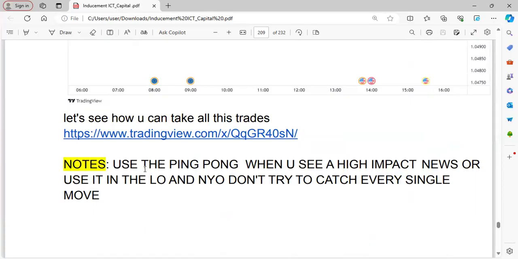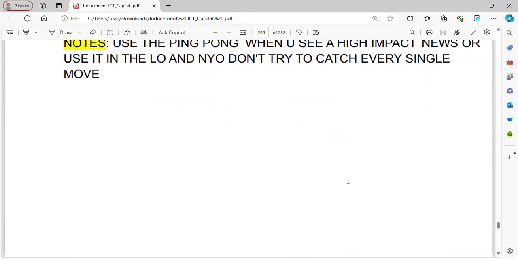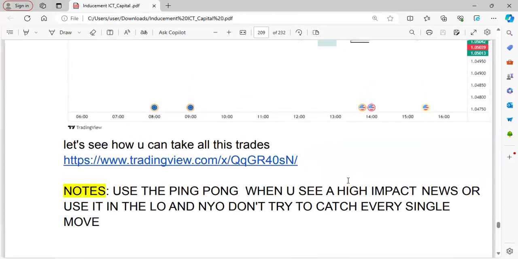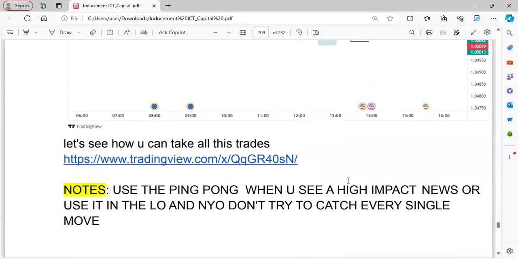Note, use the ping pong when you see high impact news, or use it in the London and New York sessions. Don't try to catch every single move, right? And also be aware of risk management. Patterns always happen in the market all the time.